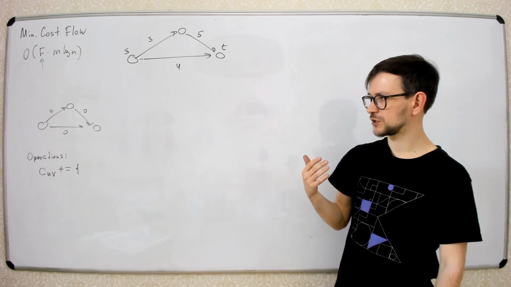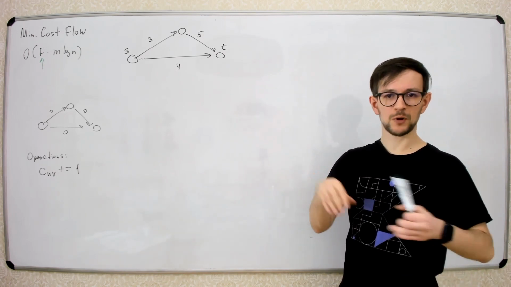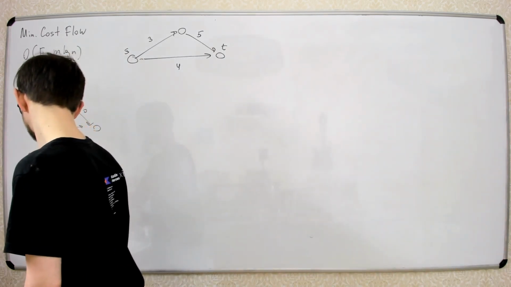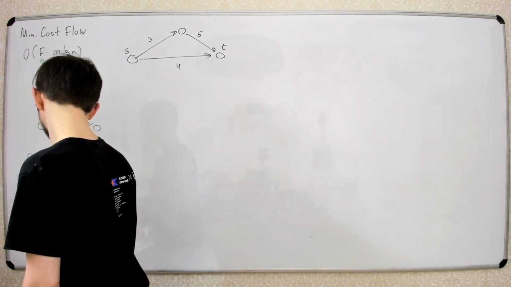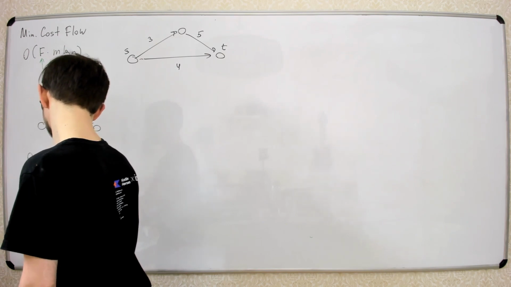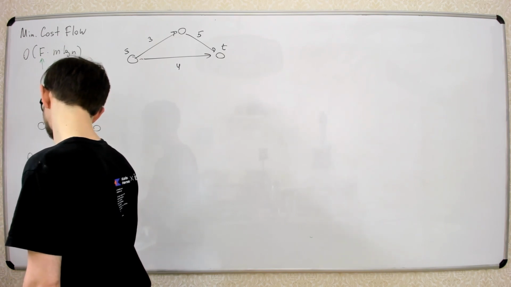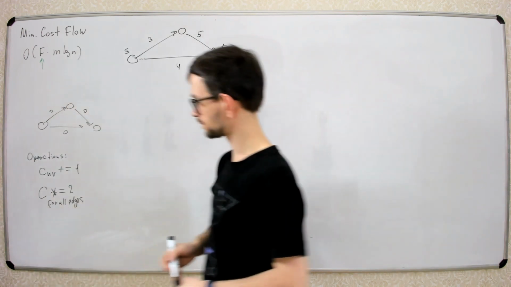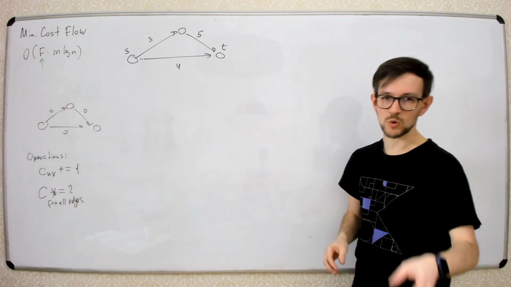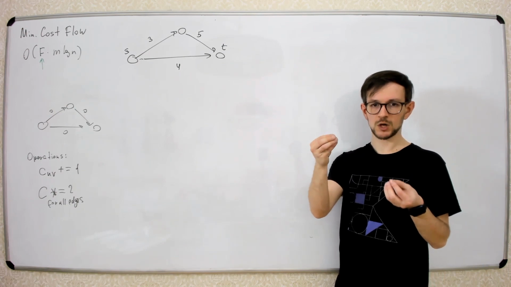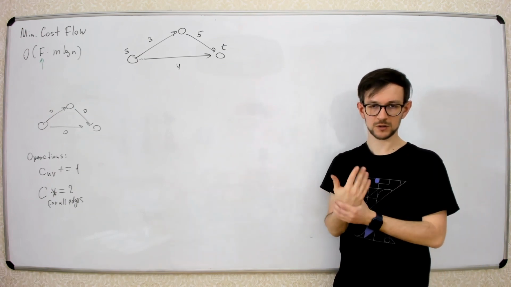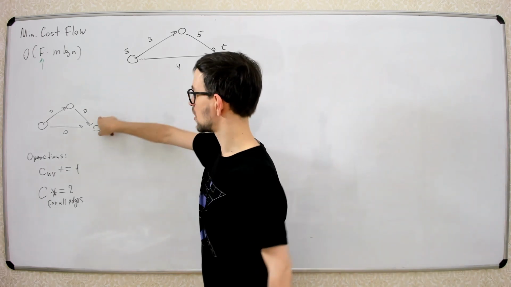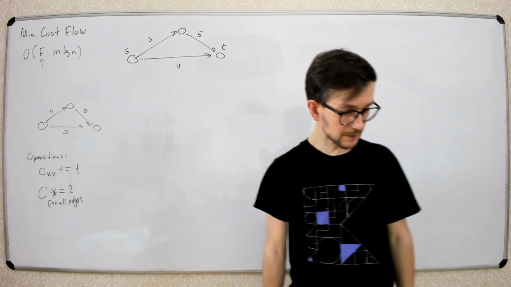The second operation is to double all capacities of the whole graph. So I can increase capacity by one, or I can double everything. Now, let's try to build this graph using the minimal number of such operations.